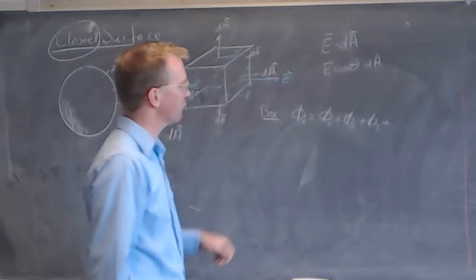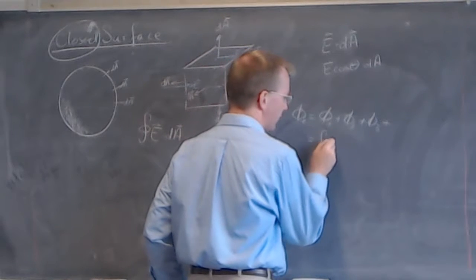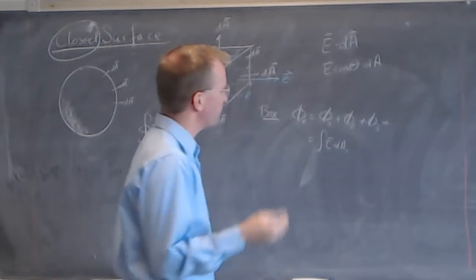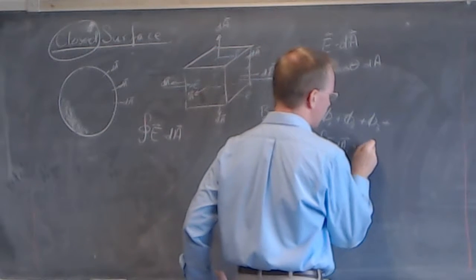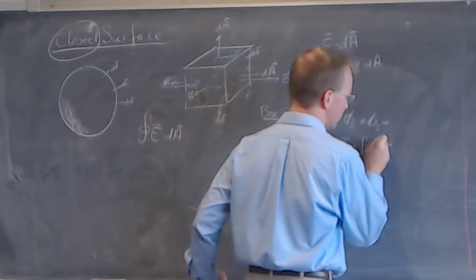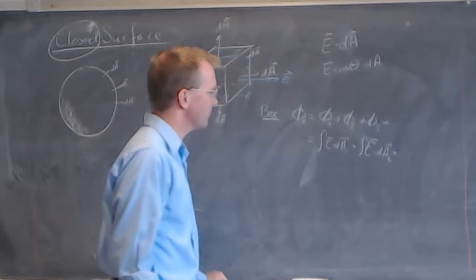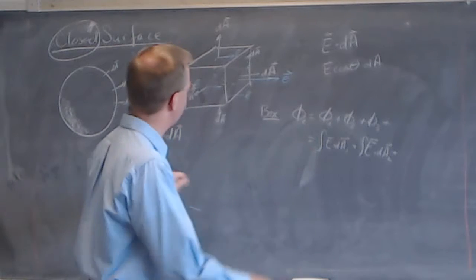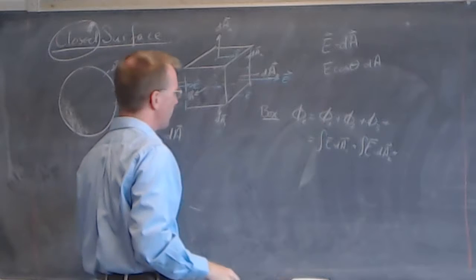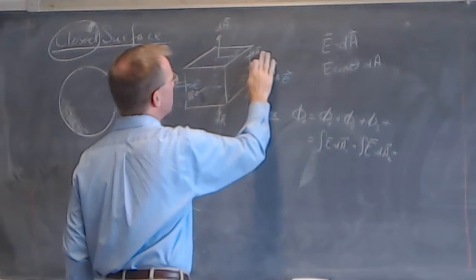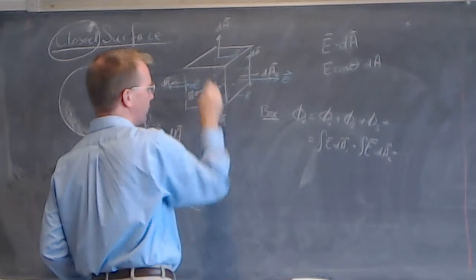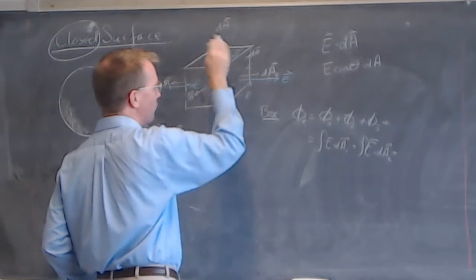Fluxes added for each of those different surfaces. Integral of E dot dA1 plus integral of E dot dA2 plus so on like that. Let's put the one on the left is 1, the one over here is 2, and these others will be 3, 4, 5, and 6.